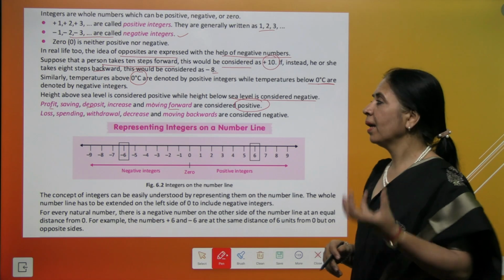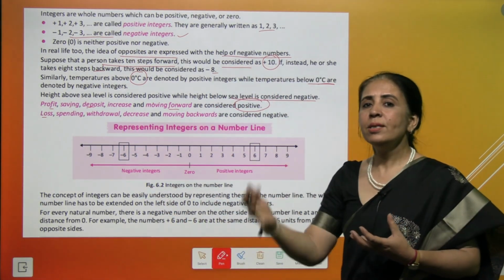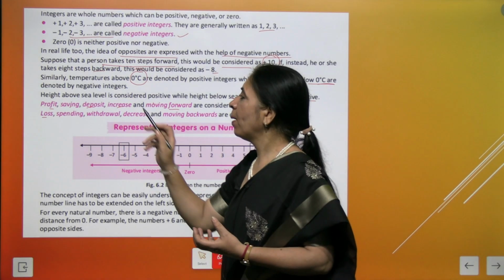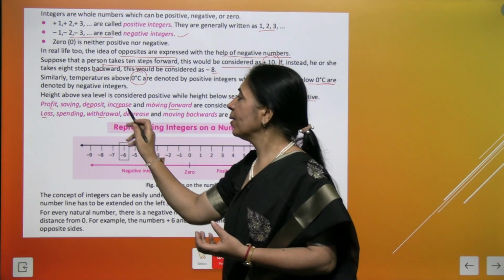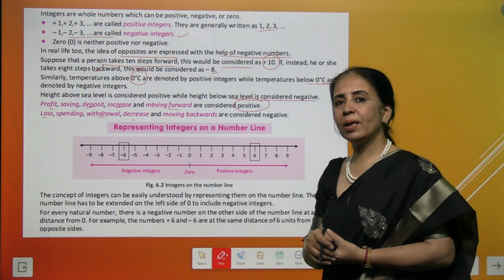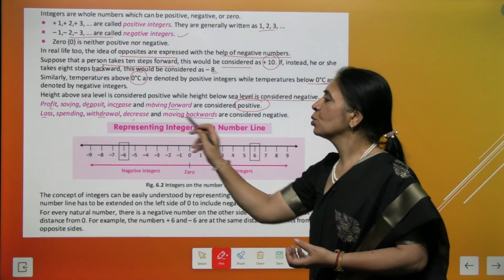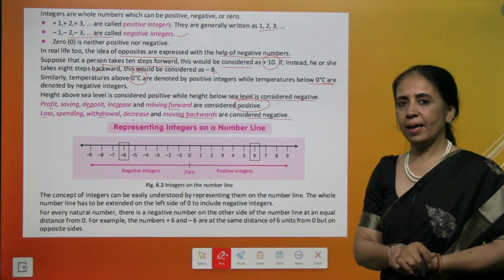But जब आप बात कर रहे हैं लॉस की, जैसे सेविंग का ऑपोजिट होता है स्पेंडिंग, when you talk about deposit, deposit का ऑपोजिट होता है withdrawal, increase का ऑपोजिट होता है decrease, moving forward का ऑपोजिट होता है moving backward. So all these things are considered as negative.